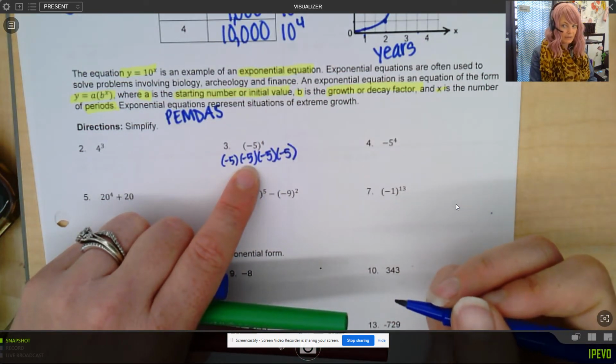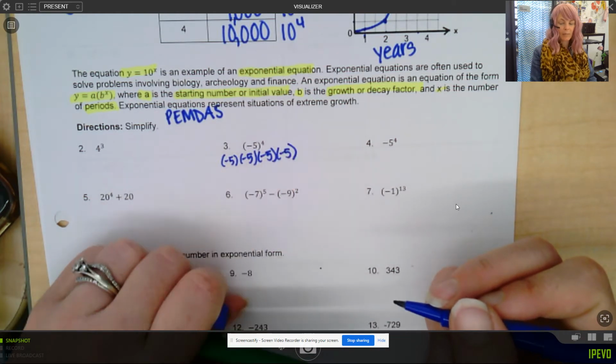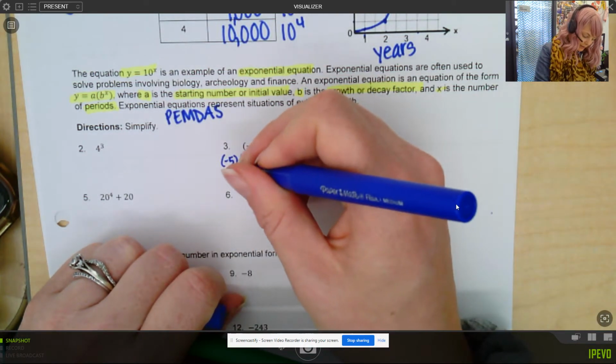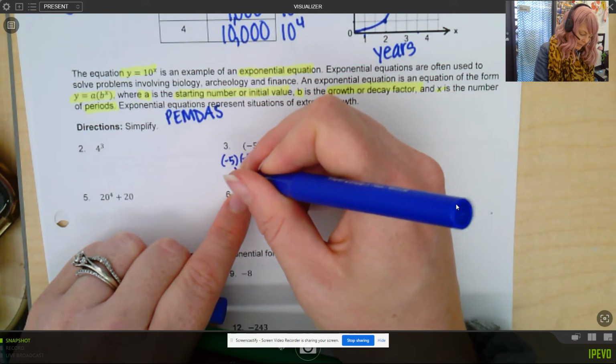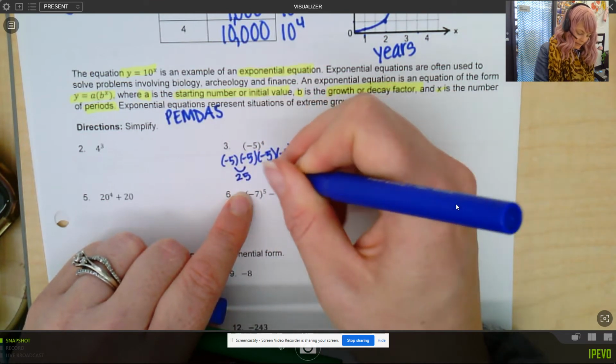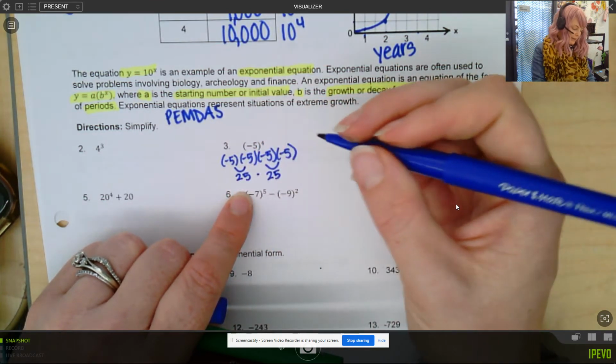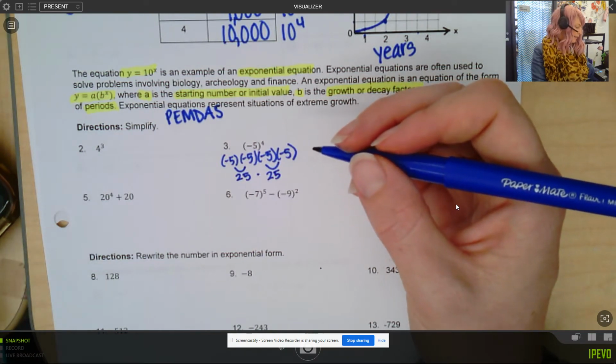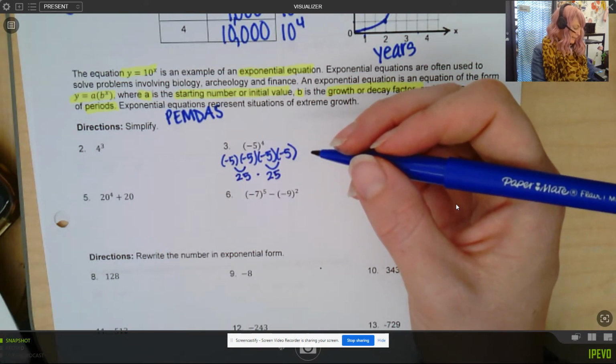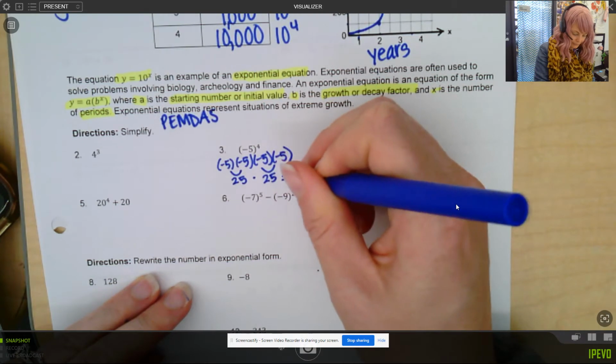Negative times a negative is a positive, negative times a negative is a positive, and a positive times a positive is positive. So here, negative times a negative is positive 25. Negative times a negative is positive 25, and 25 times 25 is, that's right, 625.